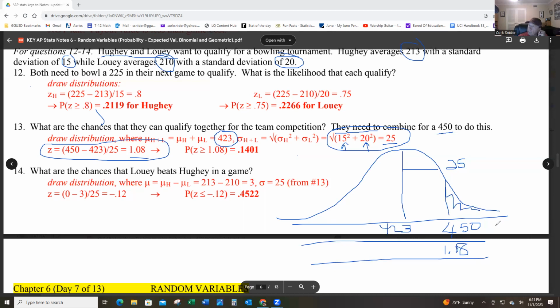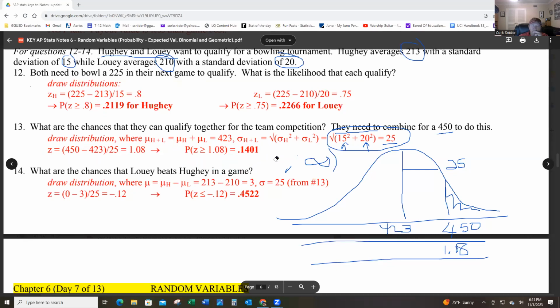It's around 16%, close in there. So it's right here, but you're going to go NCDF, and you're going to go 1.08 comma infinity, and the infinity number, just type in 1,000 on your calculator, and your answer is about 14%, 0.1401.